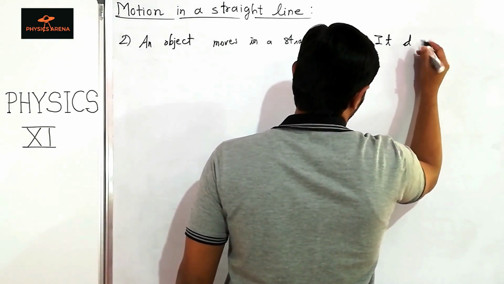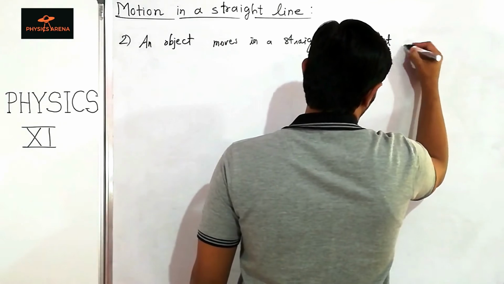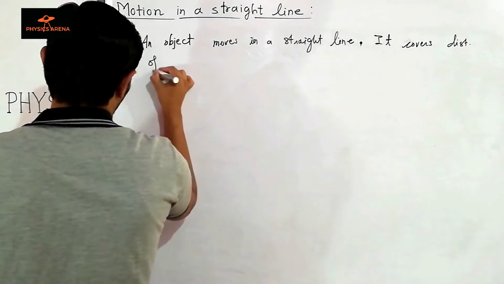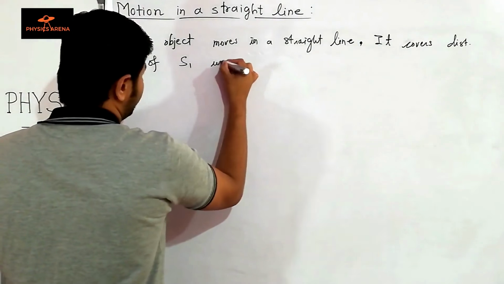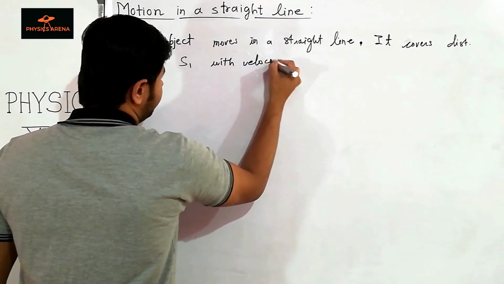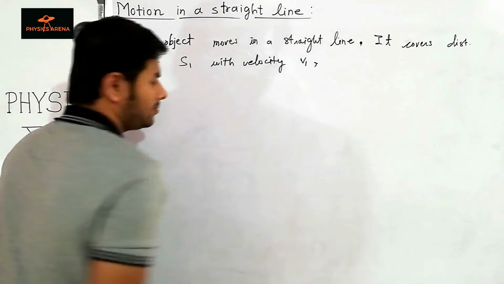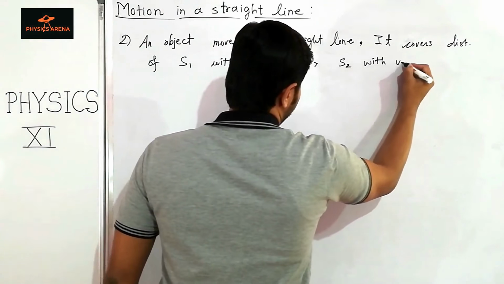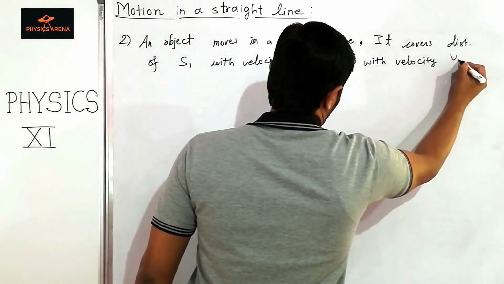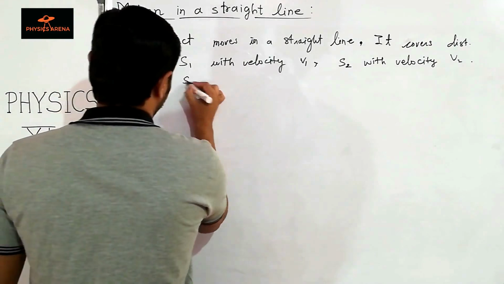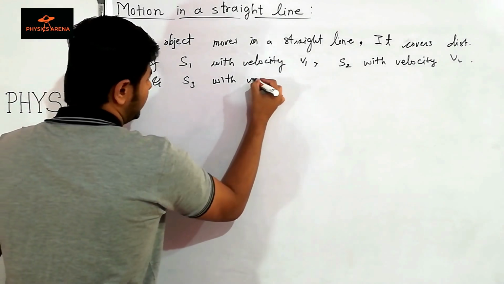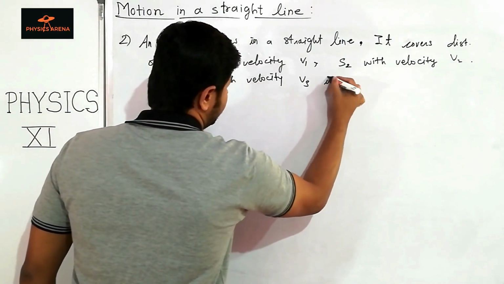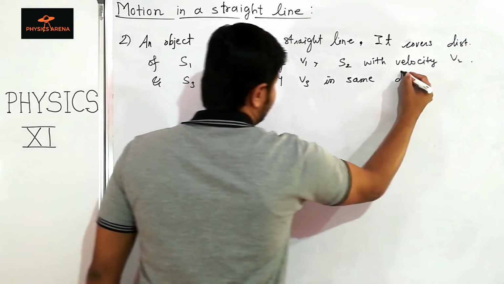It covers distances of s1 with velocity v1, then s2 with velocity v2, and s3 with velocity v3 in same direction.